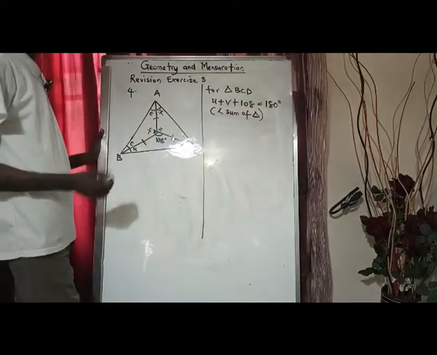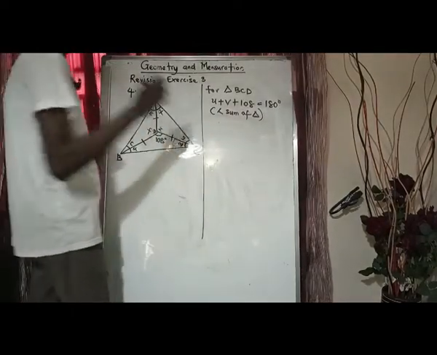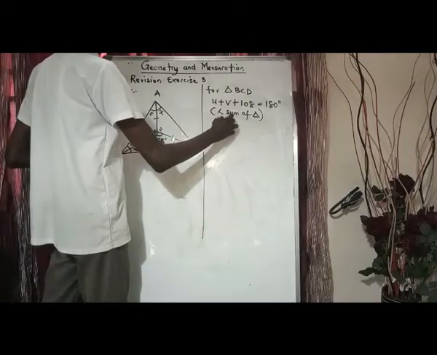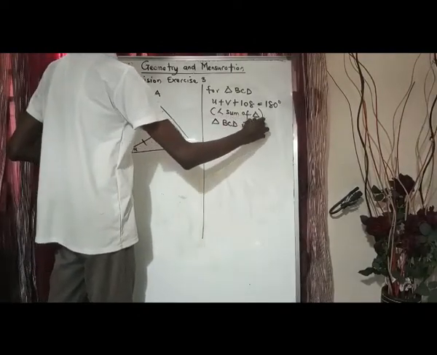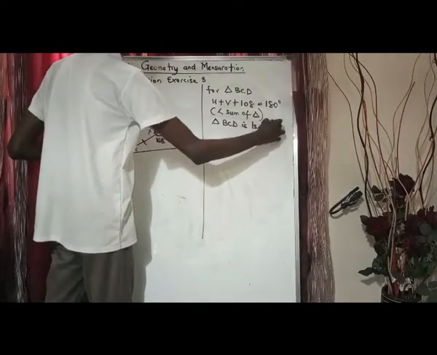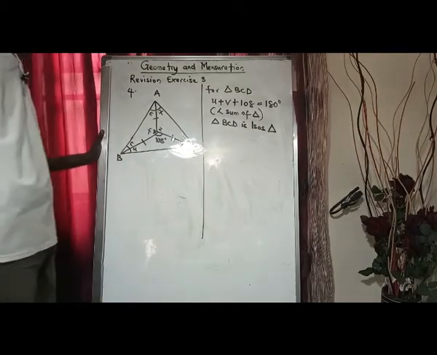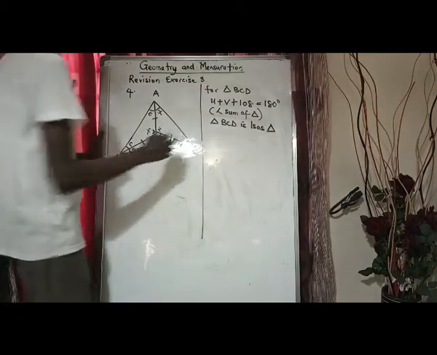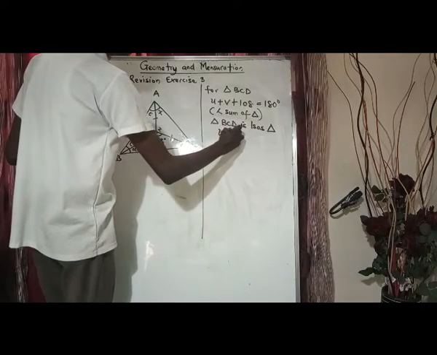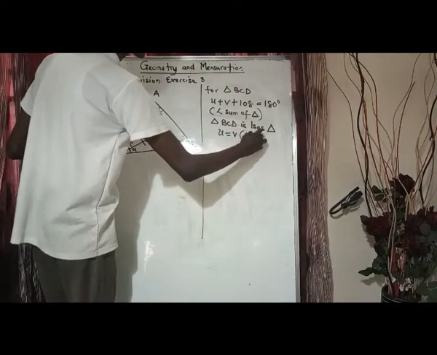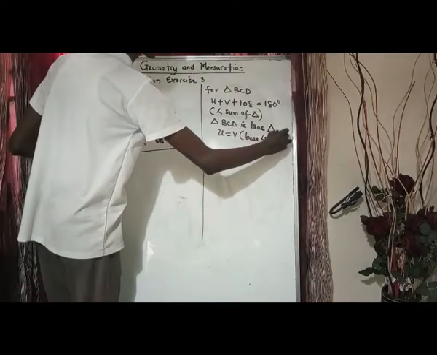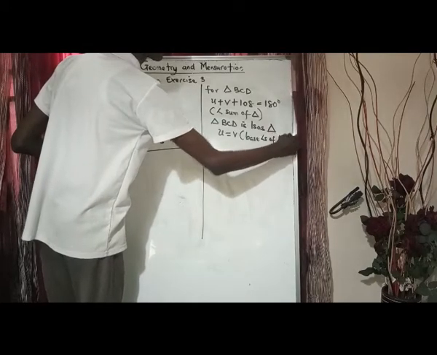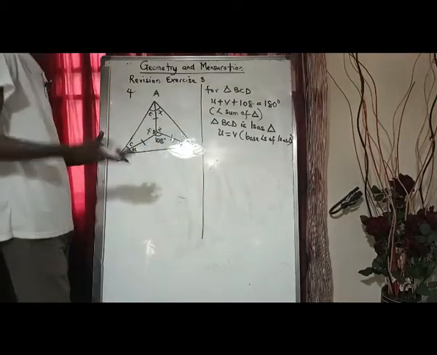The angle sum of a triangle. But take note of something. Triangle BCD is an isosceles triangle. So because of that, it means that U will be equal to V. Base angles of isosceles triangle. So U is equal to V. So I can use any one of them.